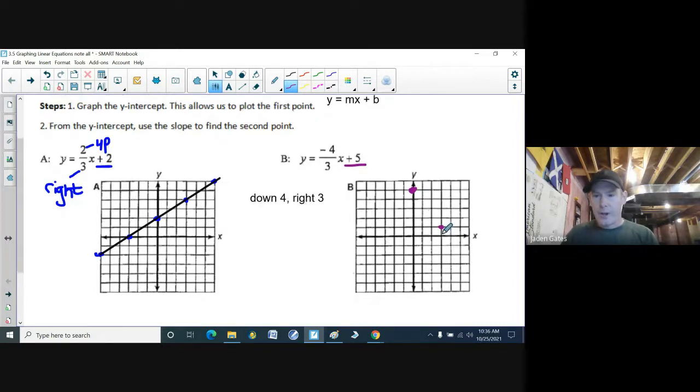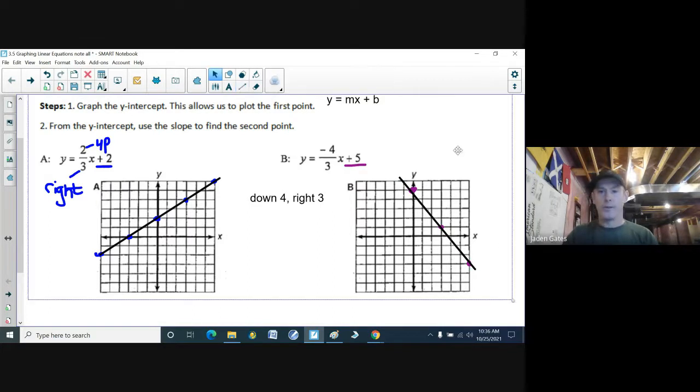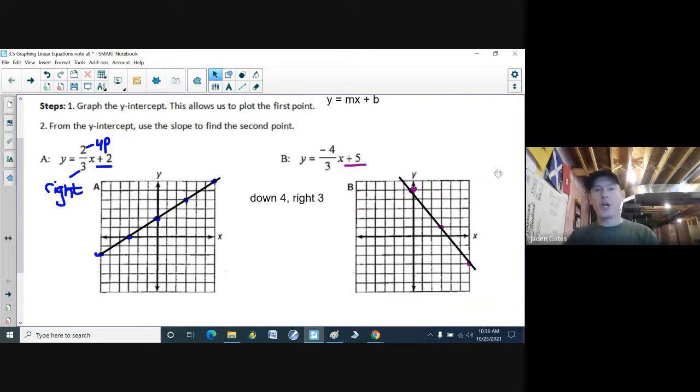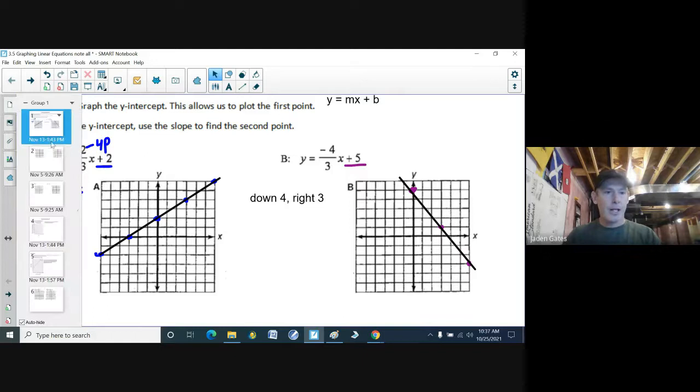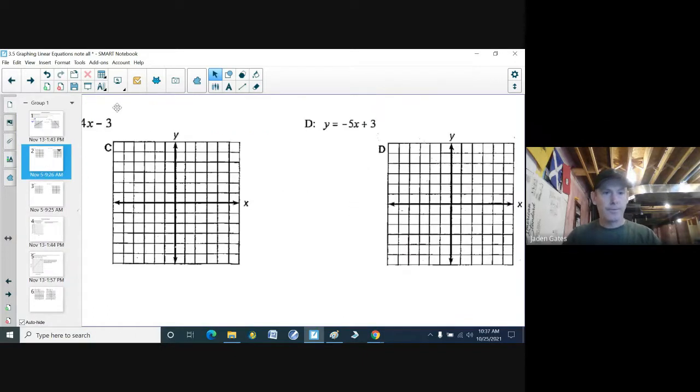Let's see, I can fit another one on there: 1, 2, 3, 4 down, 3 to the right. And now I'm going to draw in my line as best I can. And there we go, there's the graph of my linear equation drawn. All right, let's try a few more of those.